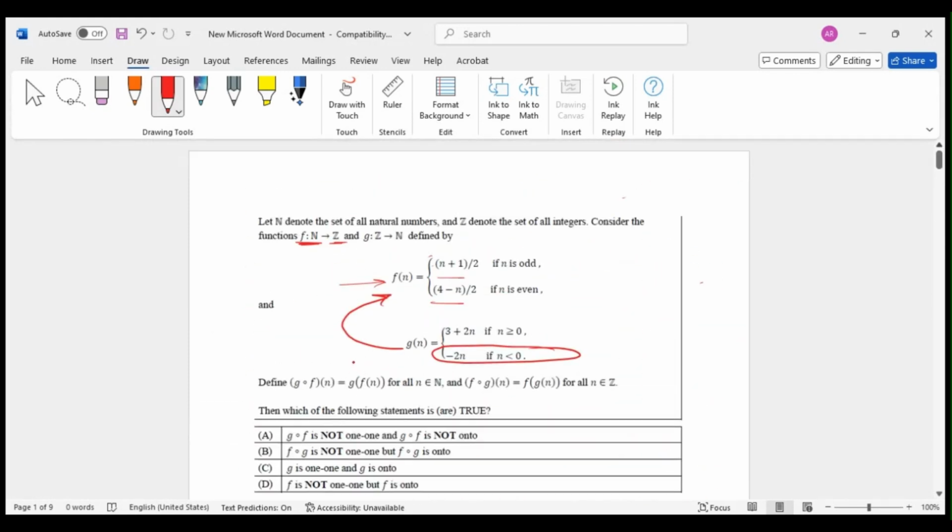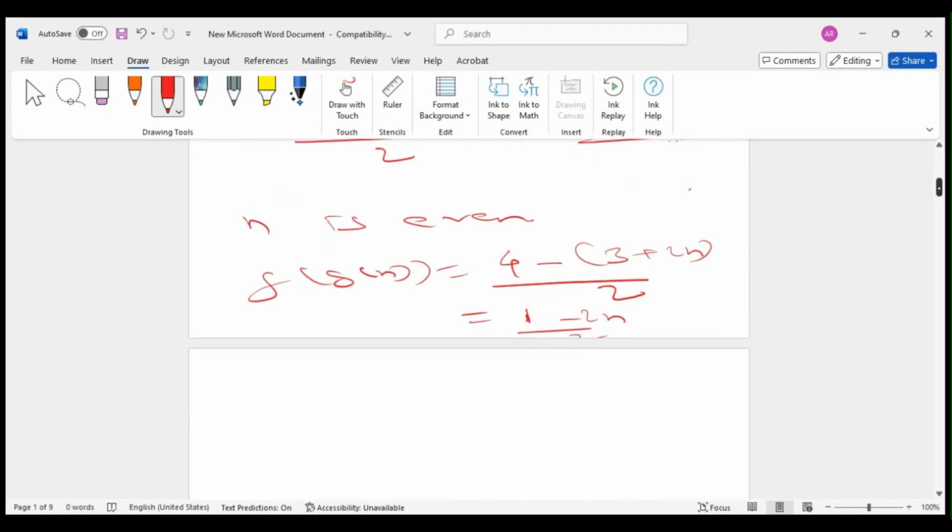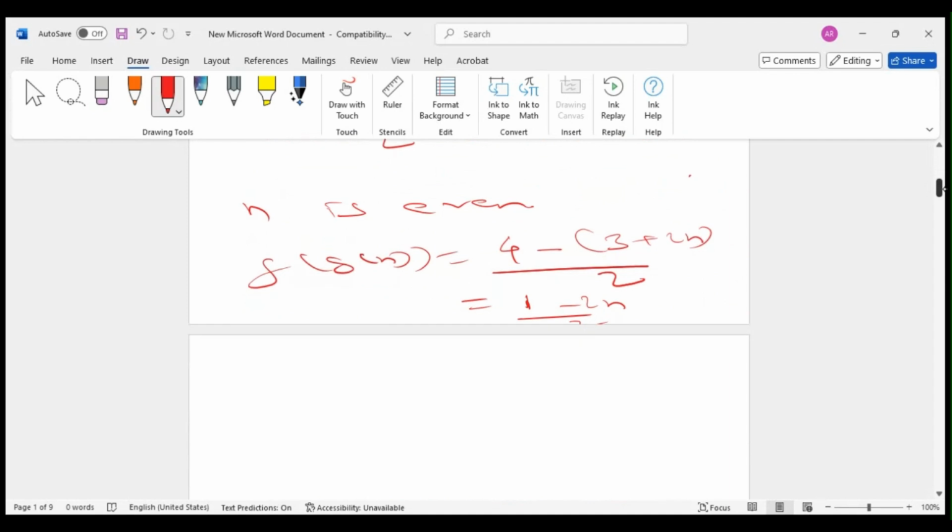Here it is also given that g of n, where n belongs to the integers, means n also belongs to integers. So for n belonging to integers, we can put g of 0.